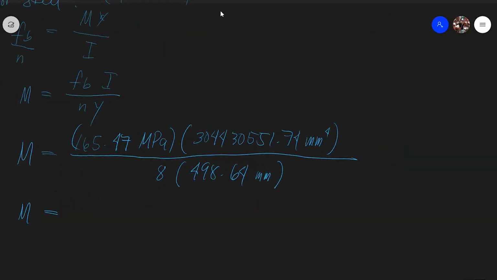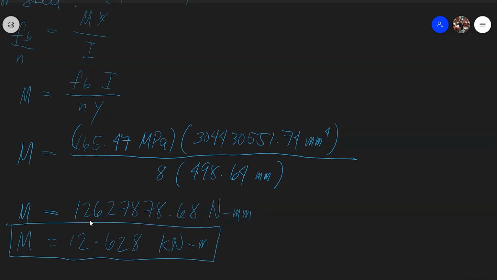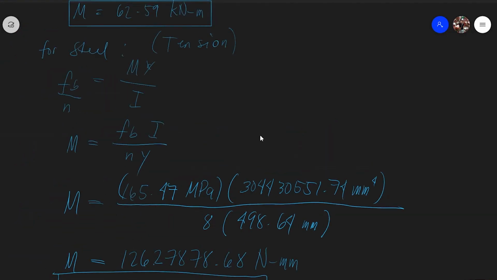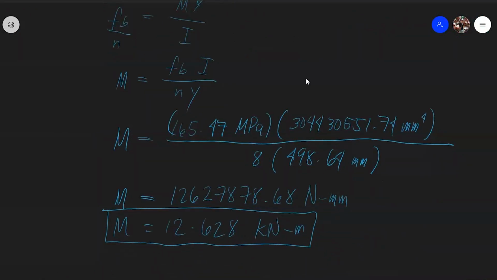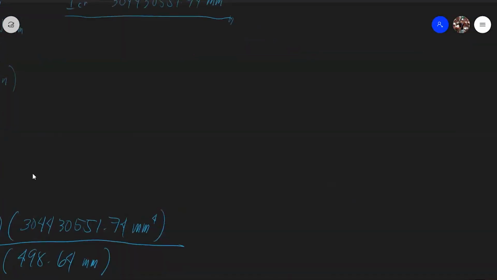So your M is equal to 12,627,878.68 N·mm, or this will be 12.628 kilonewton meter. Is that right? Yes, sir. So this is your moment, the moment if the steel in tension will prevail. 12.628 is the moment.